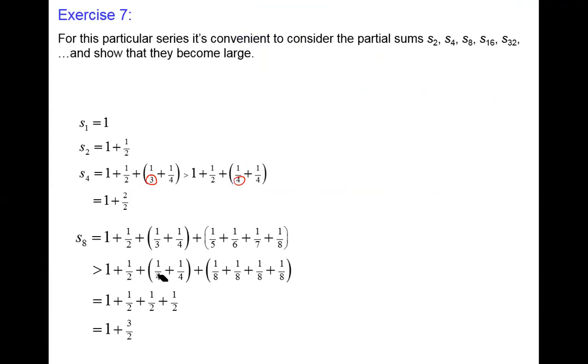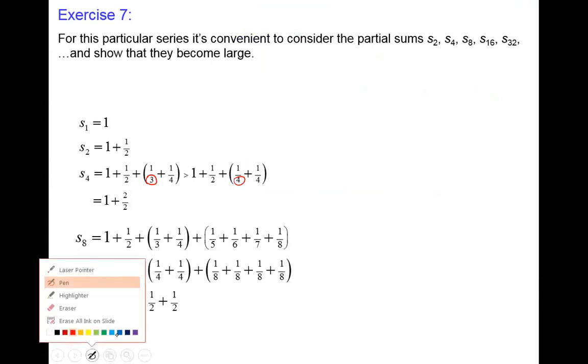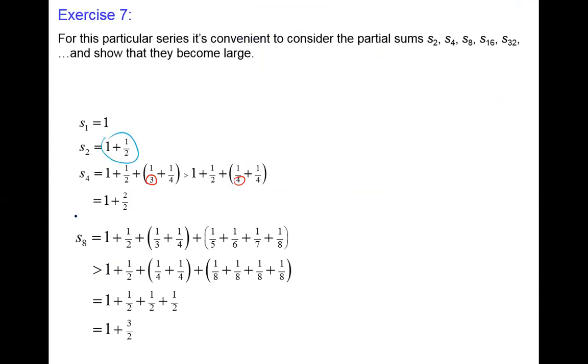This is 1/2, this is 1/2, and this is 1/2. Now I have 3 halves. That's how the partial sum behaves: 1 plus 1/2, 1 plus 2 halves, 1 plus 3 halves. Can you see that they will become bigger and bigger? They will become huge numbers. 4 halves, 5 halves, 6 halves, 7 halves.